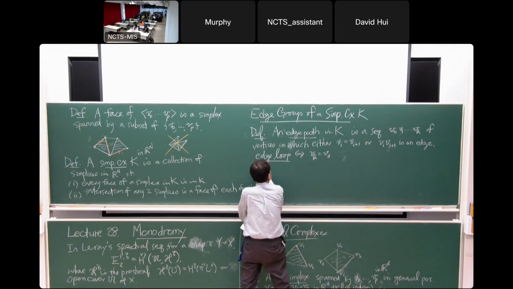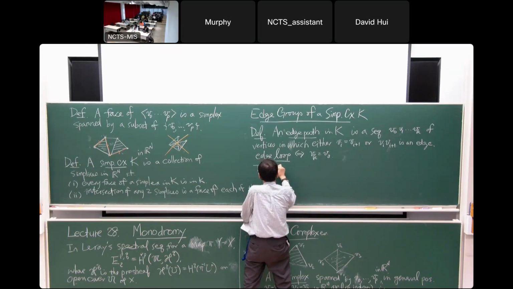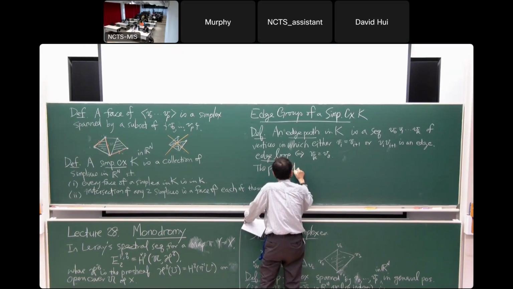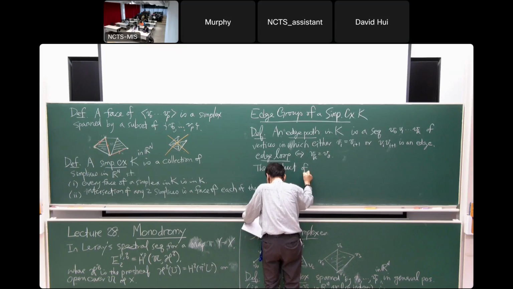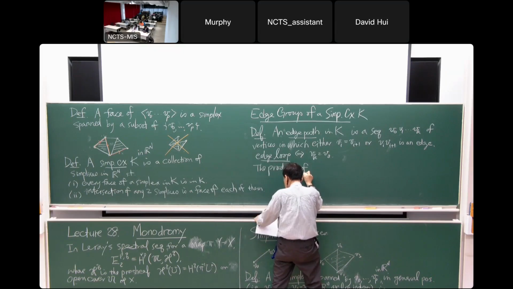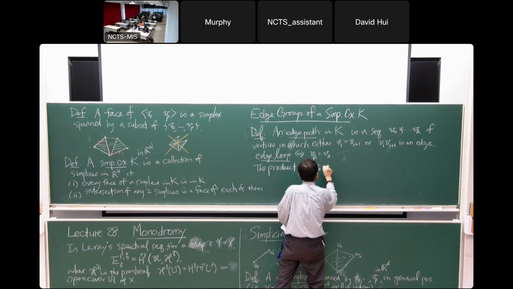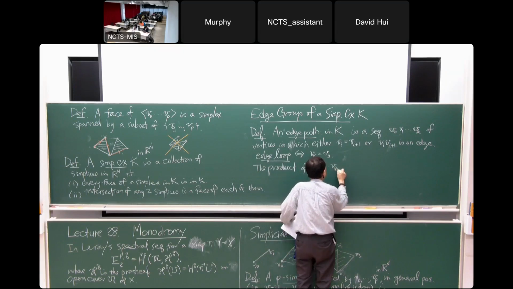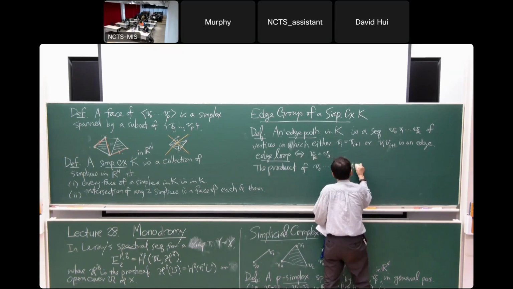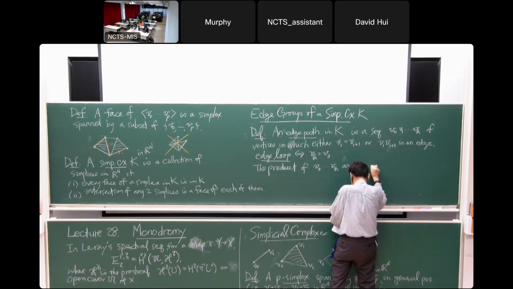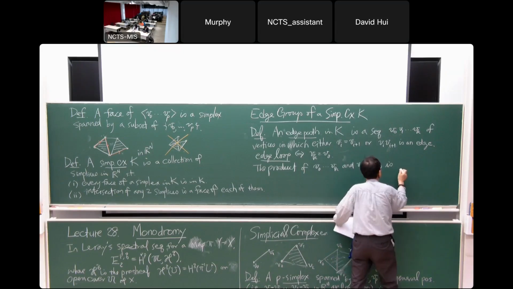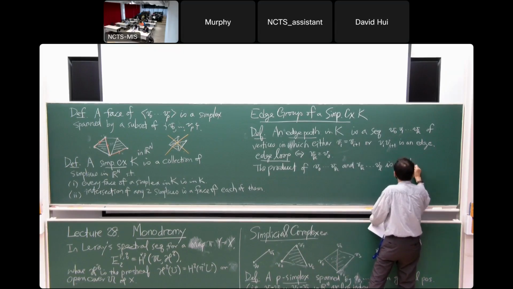So the product of two edge paths, say V0 to VK and VK to VL is concatenation.